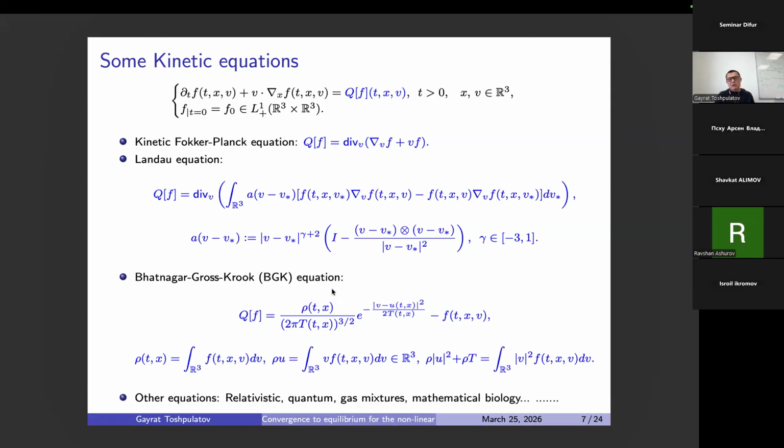And nowadays, if you have two different types of particles, we can also consider a mixture of the two gases, and then we have to consider a system of these equations. And nowadays, these equations are used in different fields to model many things in our life. For example, they are nowadays used in mathematical biology.